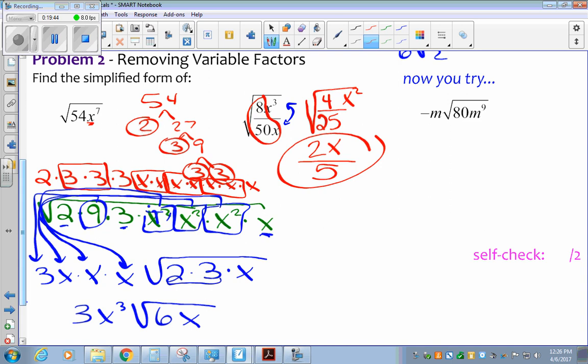All right, you guys give this a try. 80, split it up, and then m to the 9, split it up.